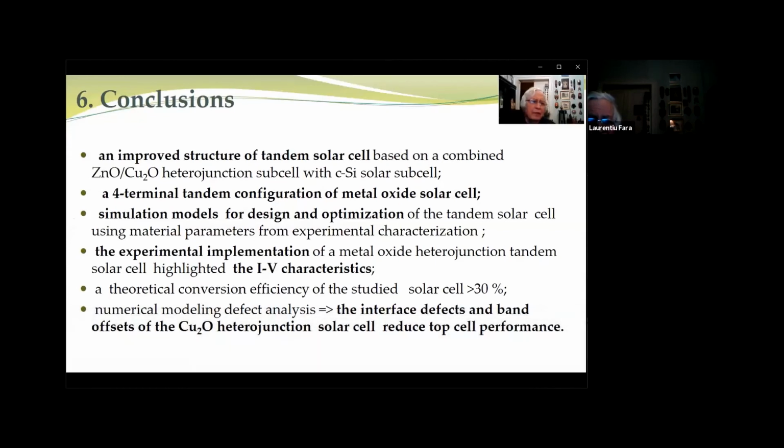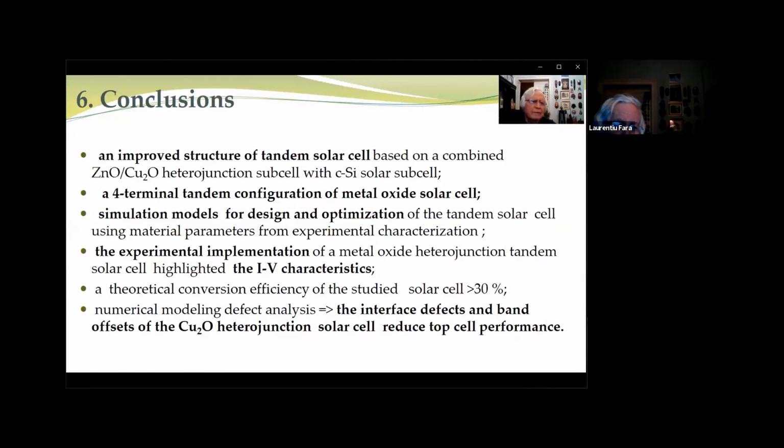Four-terminal tandem configuration of metal oxide solar cells is essential for the best results regarding the performance of the solar device.